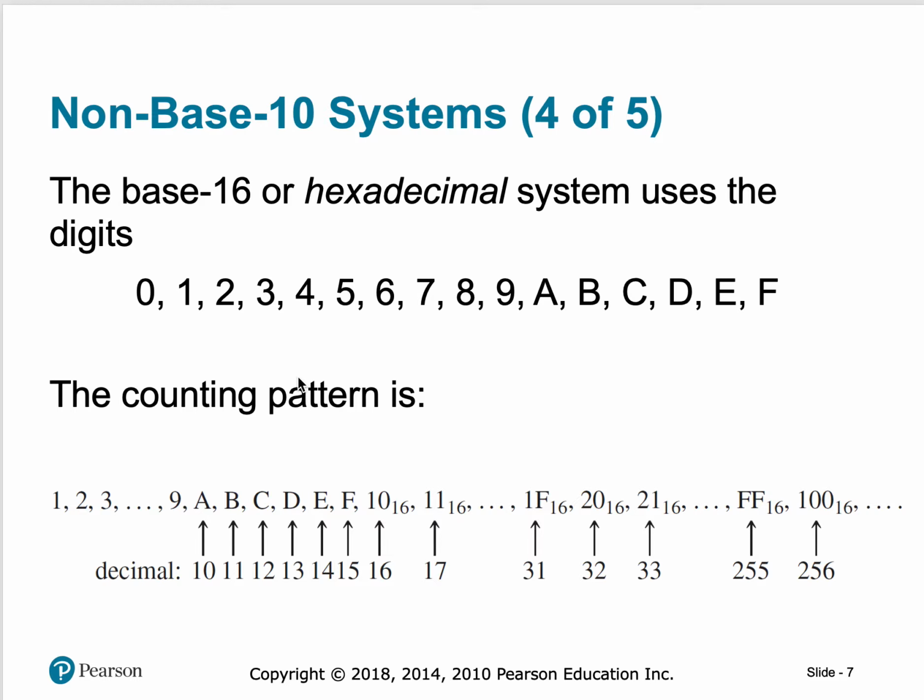If I was in base 16, everything would be kosher up until 16. What is different though is we don't have a symbol for 10, 11, 12. In base 16, your 10 occurs at the number 16. Your 20 occurs at the number 32 because 16 times 2 is 32.